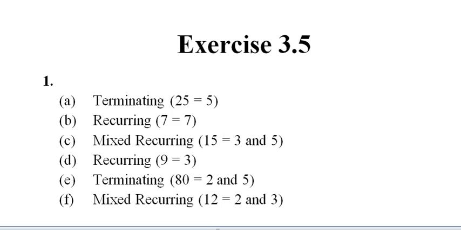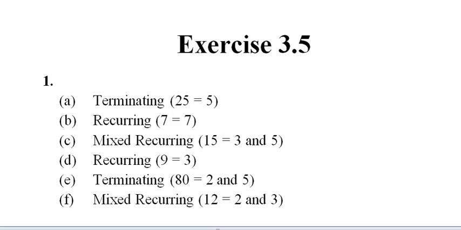Okay, so if the denominator is 2 or 5, then that fraction will be a terminating decimal number. If the fraction has a denominator, we know what a denominator is, isn't it?